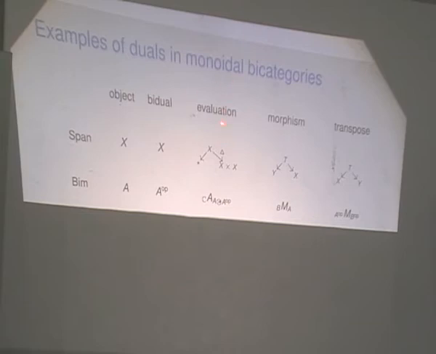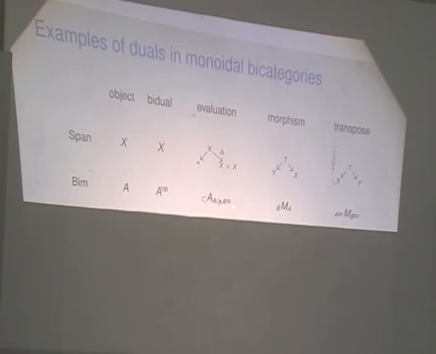And we want evaluation, so that should be a bimodule from A tensor A op to the unit algebra. The unit algebra is just the complex numbers, so we want something which is a bimodule for A tensor A op on the right and C on the left. But we can just take A.